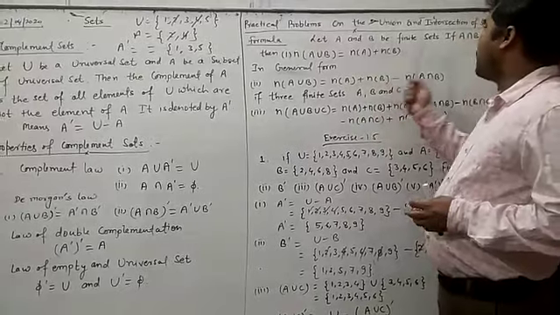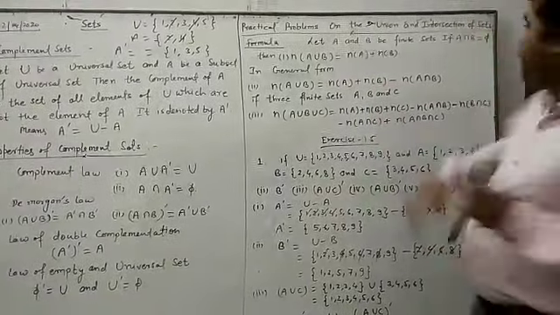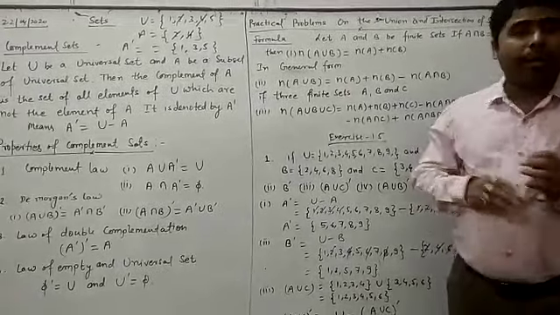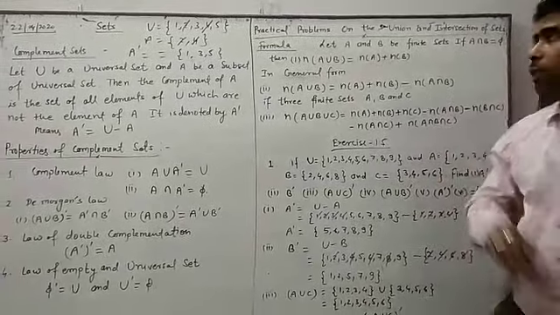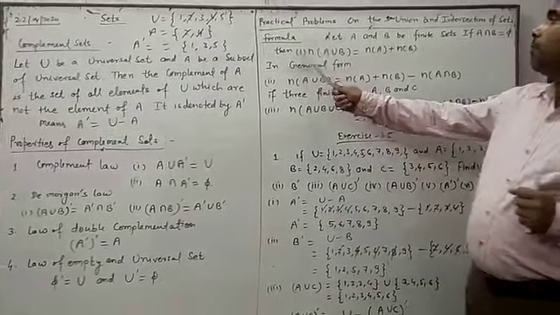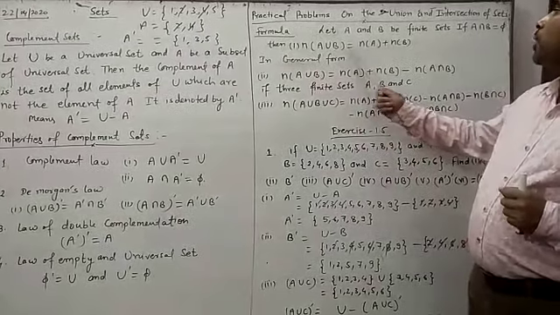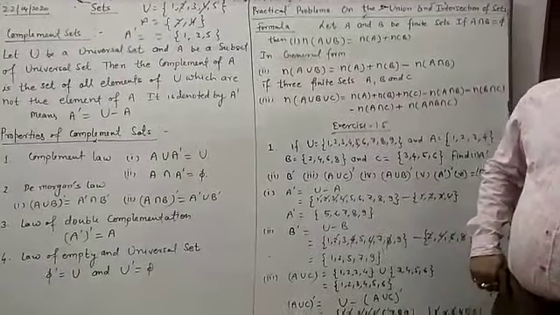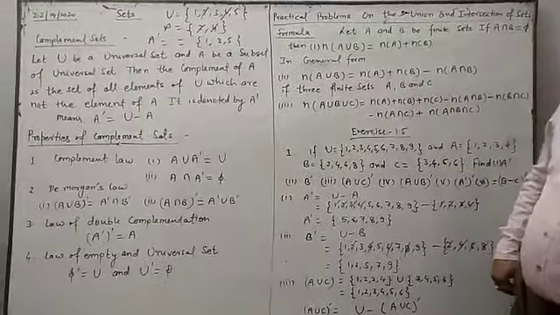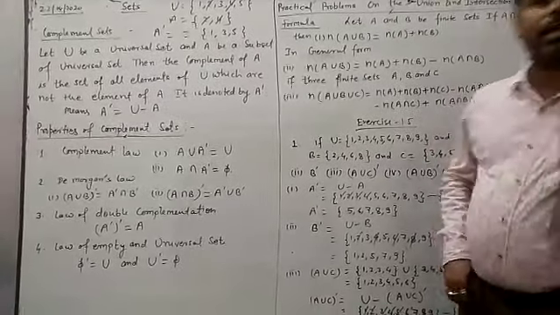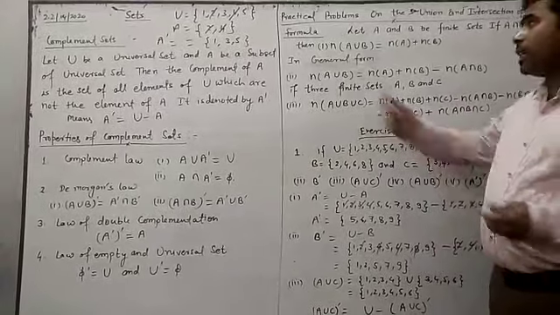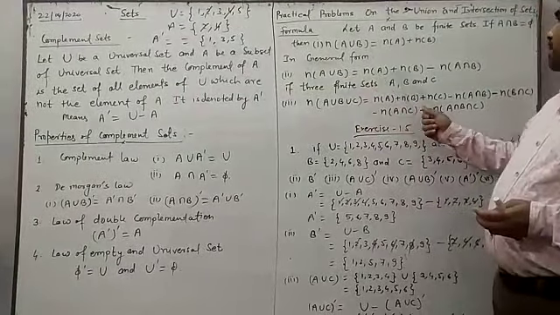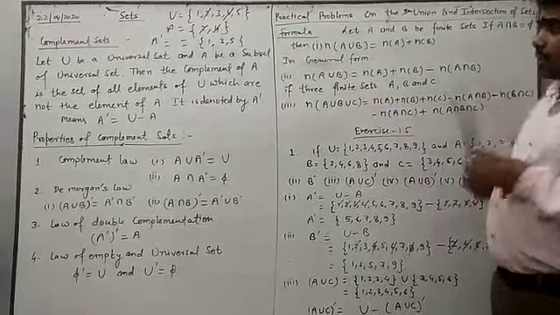Let A and B be finite sets, and A intersection B is equal to phi. Then the number of A union B is equal to the number of A plus the number of B. Number of A means the number of elements in set A, and likewise for set B. Now in general form, the number of A union B is equal to the number of A plus the number of B minus the number of A intersection B.